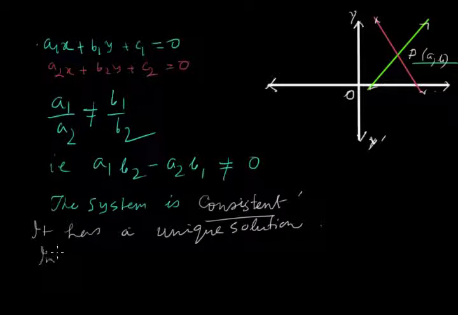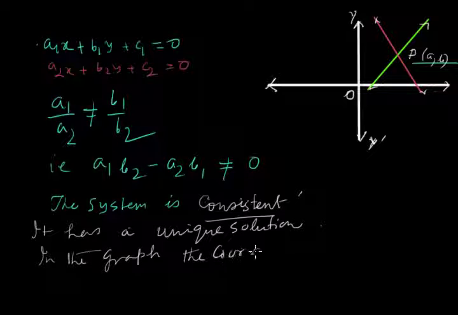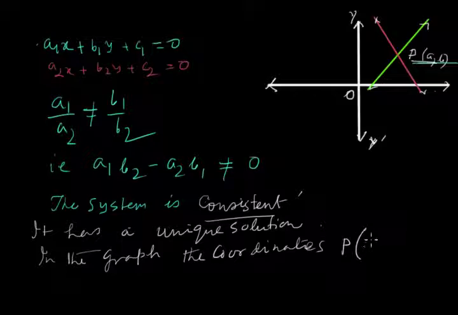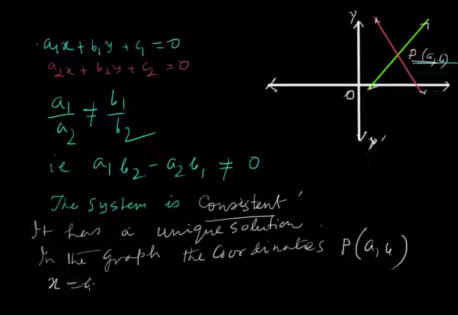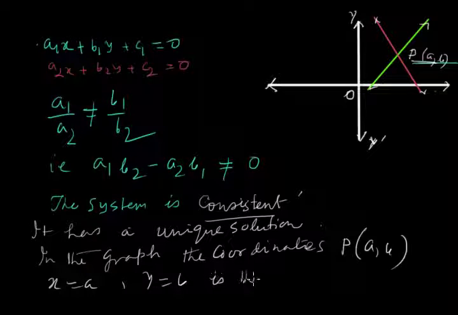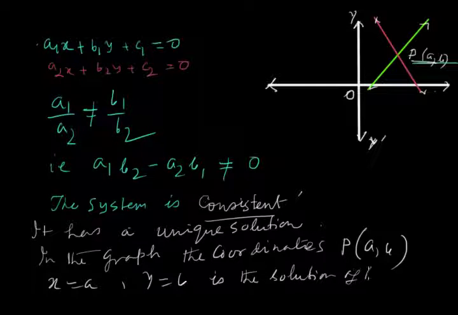In the graph, the coordinates of P, that is the meeting point of these two lines, are A comma B, and x is equal to A, y is equal to B is the solution of the system.